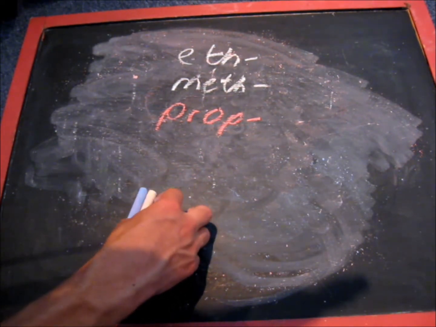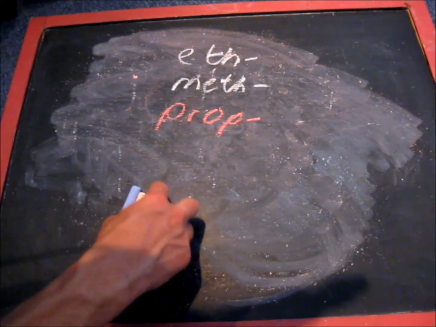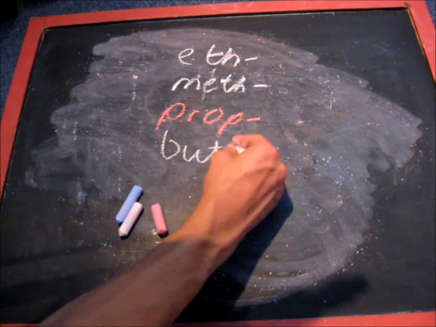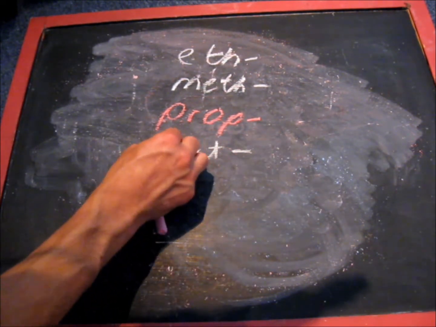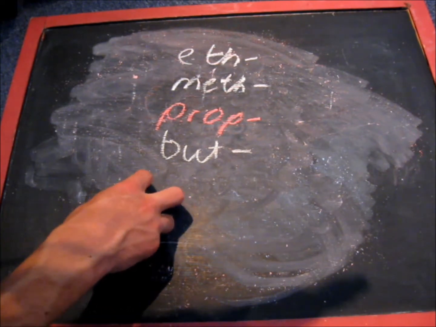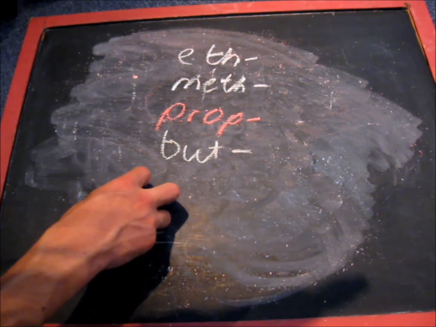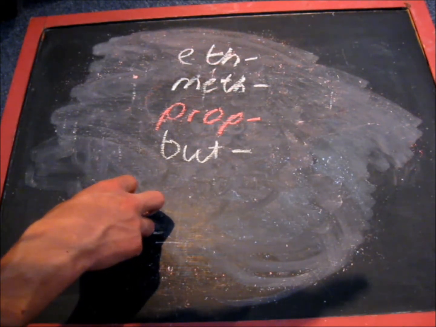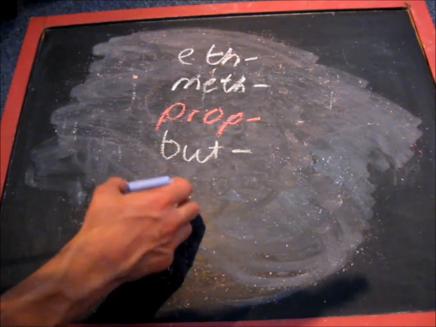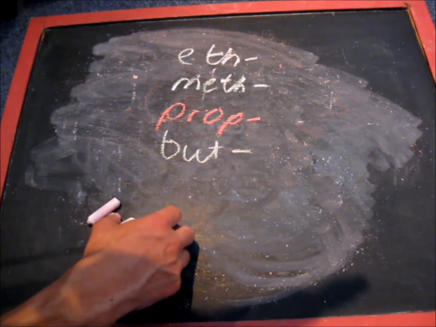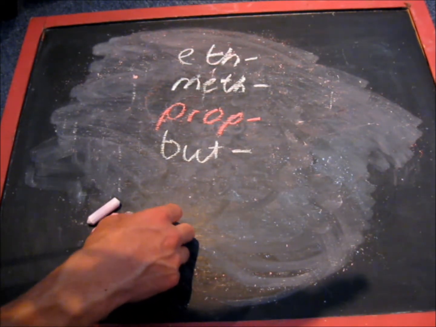The next one is bute. Then after bute, which is 4, it goes into the common sort of number naming system that you might recognise from maths in shapes and stuff. So if I ask you, how many sides does a pentagon have?